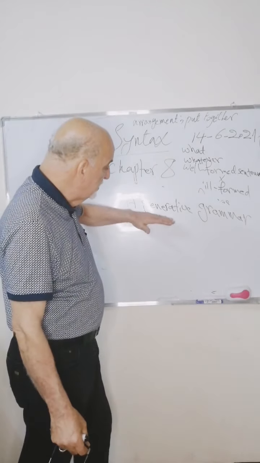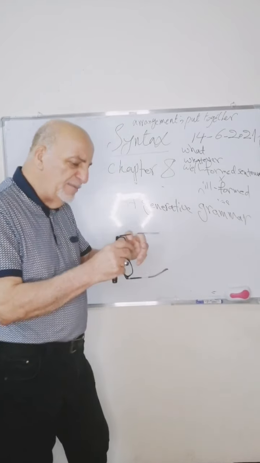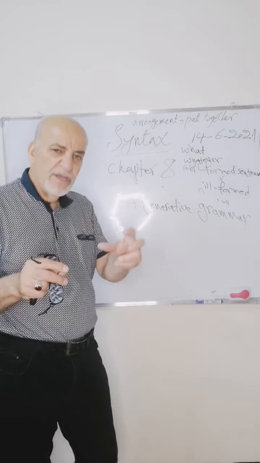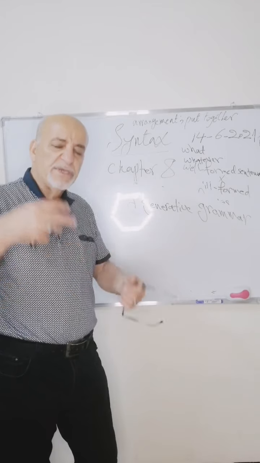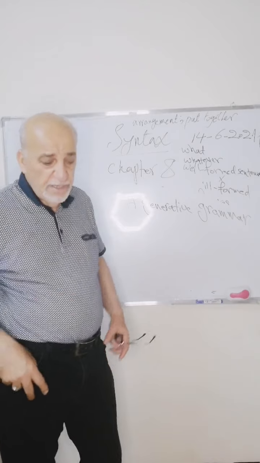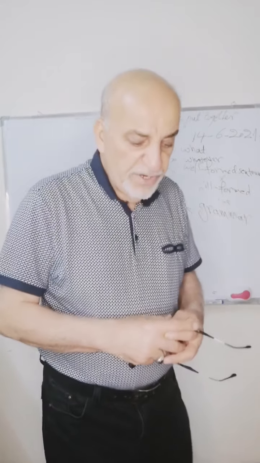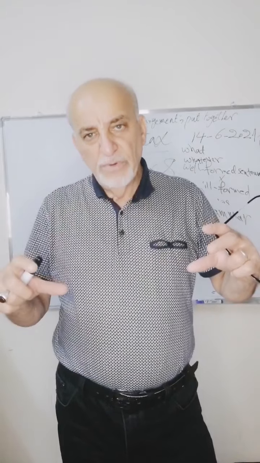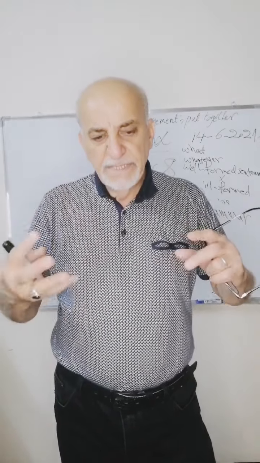So now, when I say a generative grammar, I mean a limited number of rules. By a limited number of rules, we can generate what? An unlimited number of what? Of phrases.